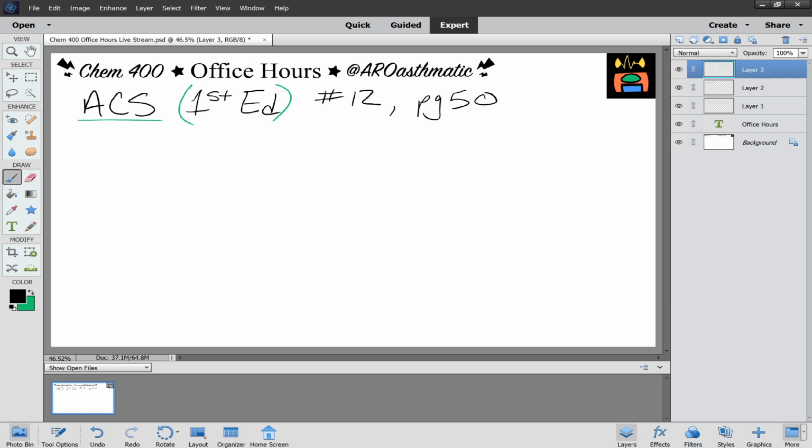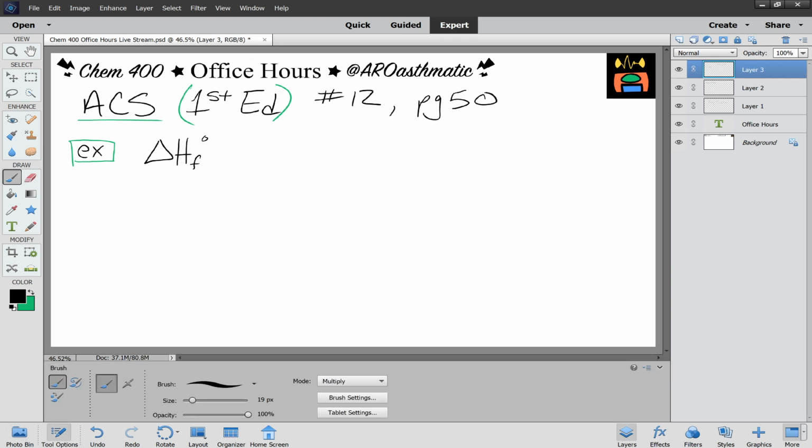So they want us to identify the delta H of formation reaction for NO2.